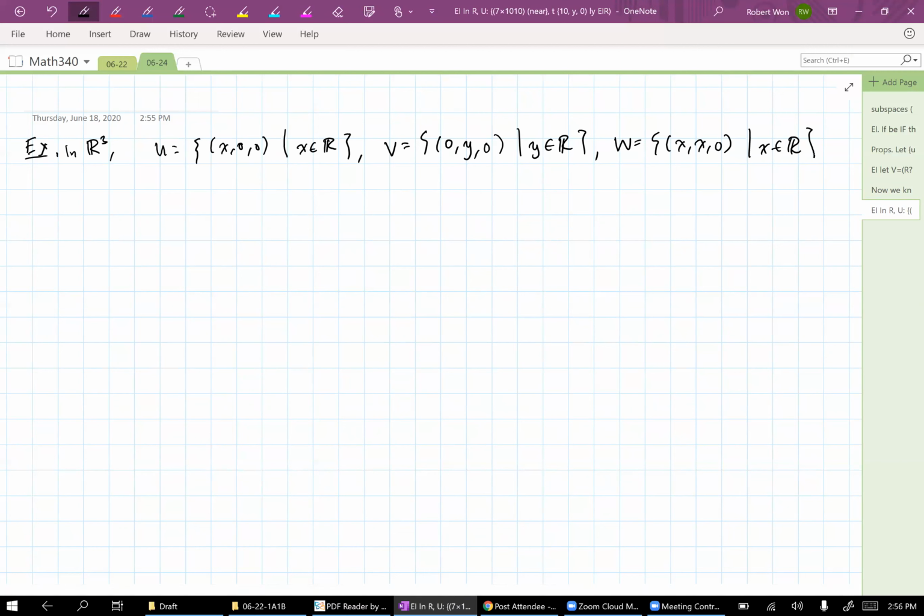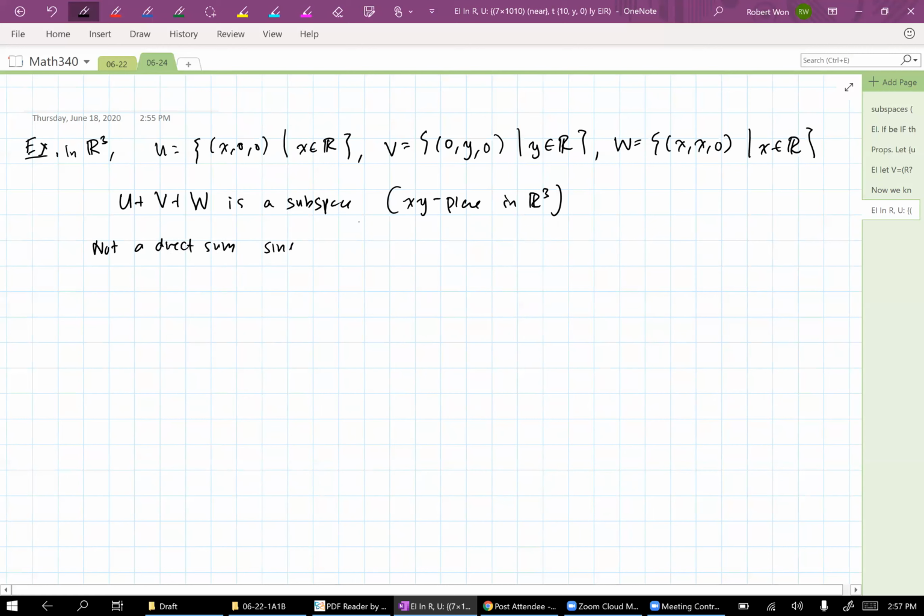Each of these is a line in R^3. U plus V plus W is a subspace, and it ends up being the xy plane in R^3. You take all possible sums of elements from U, V, and W, and you'll see that what you get is basically every (x, y, 0). However, this is not a direct sum.